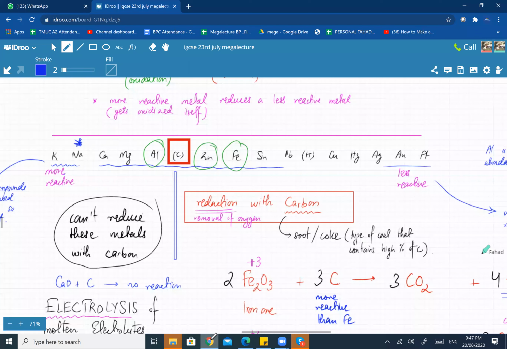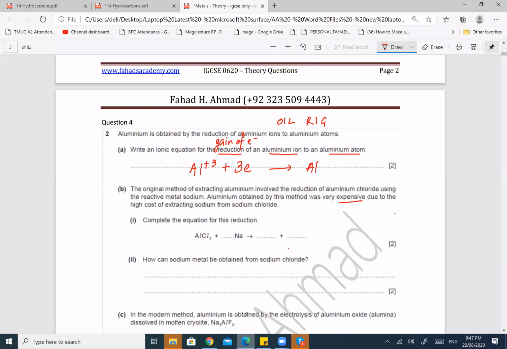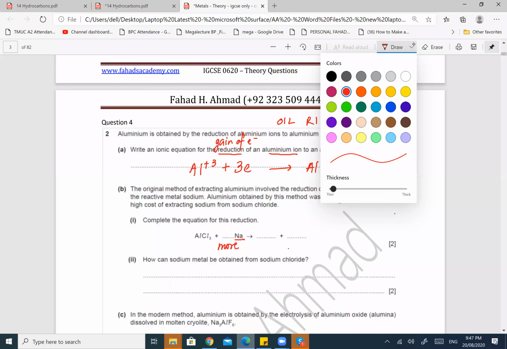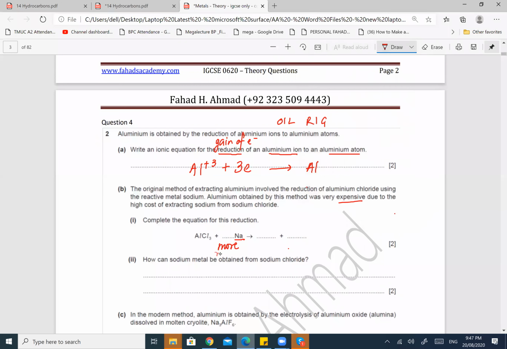Now sodium is more reactive. So what did I tell you about this? कि a more reactive metal displaces a less reactive metal. So sodium जो है, that's more reactive. लिख देते हैं more. एक सेकंड इसको. अच्छा, so sodium is more reactive.